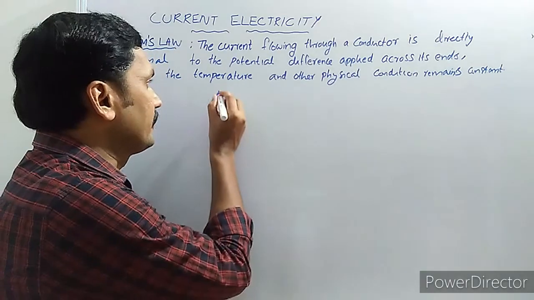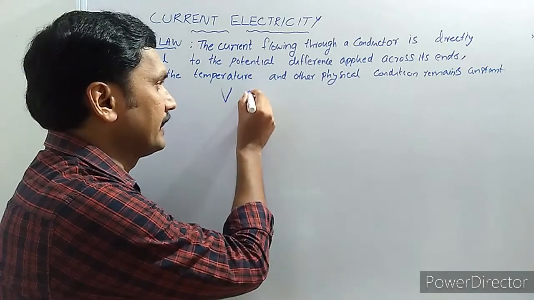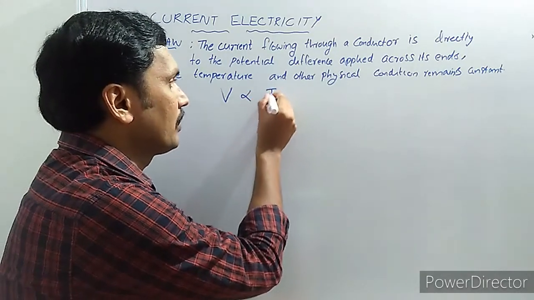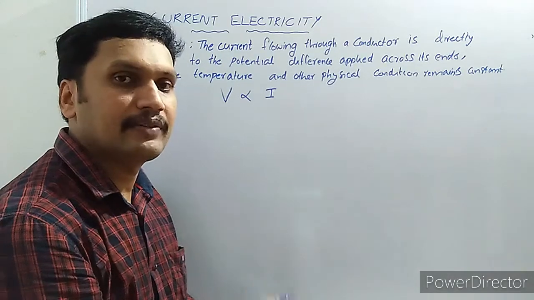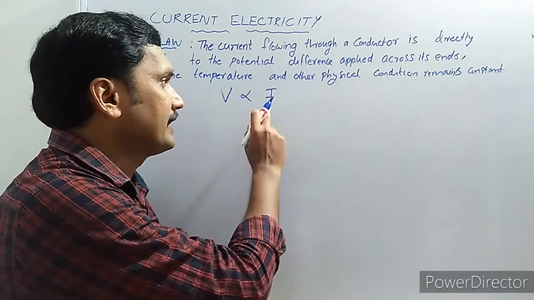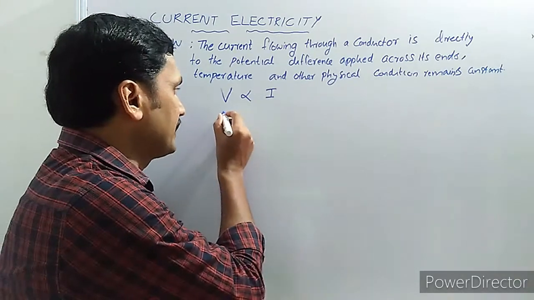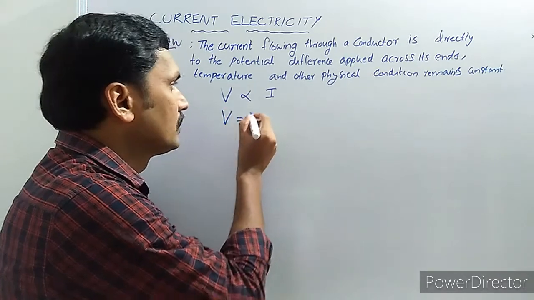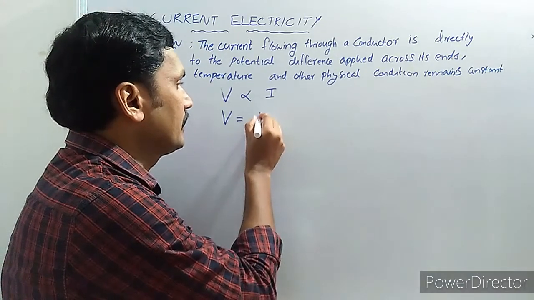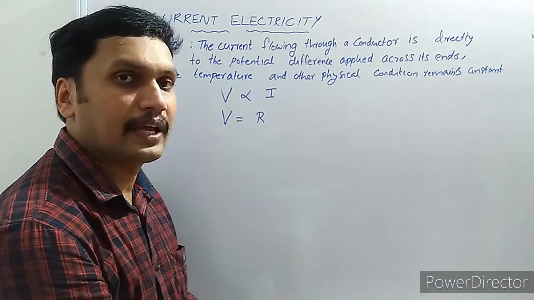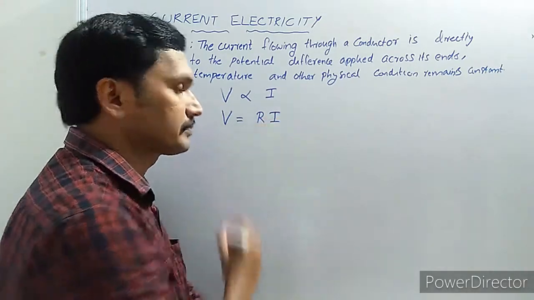Mathematically, if V is the potential difference between the ends of the conductor and I is the current passing through the conductor, then V is proportional to I. Removing the proportionality, we multiply by a constant R, so we can write V is equal to R into I.